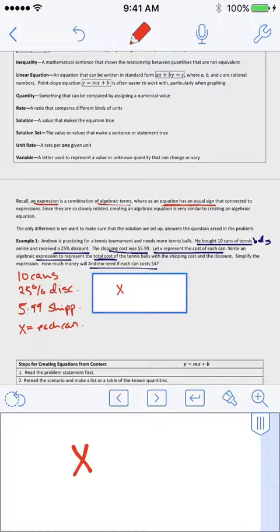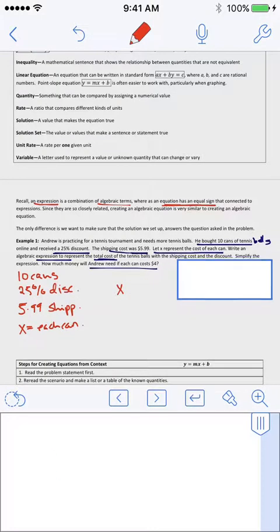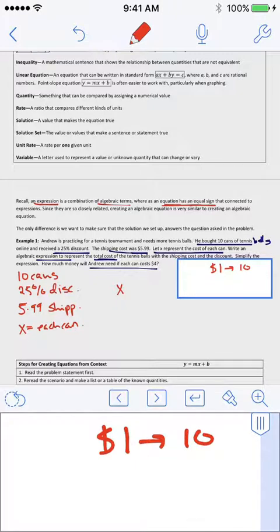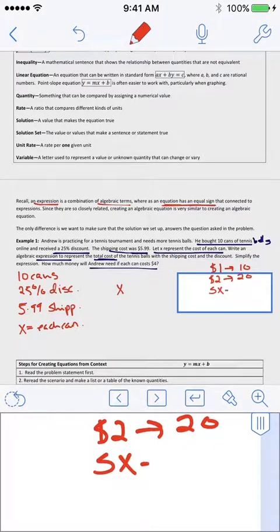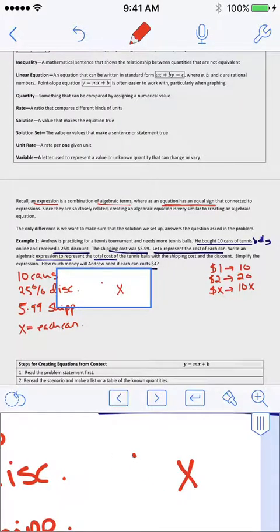So $1 each gave me $10 for cost. $2 each gave me $20 for cost. So it looks like I'm multiplying by 10 each time. So X dollars for each is going to be 10 times my cost, right? 10 times X. That'll be my first part.